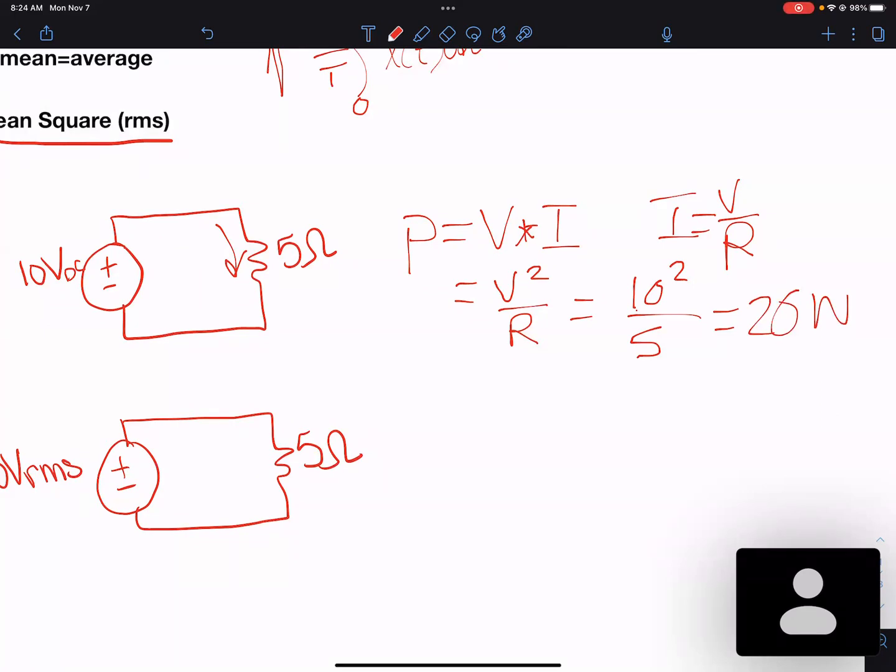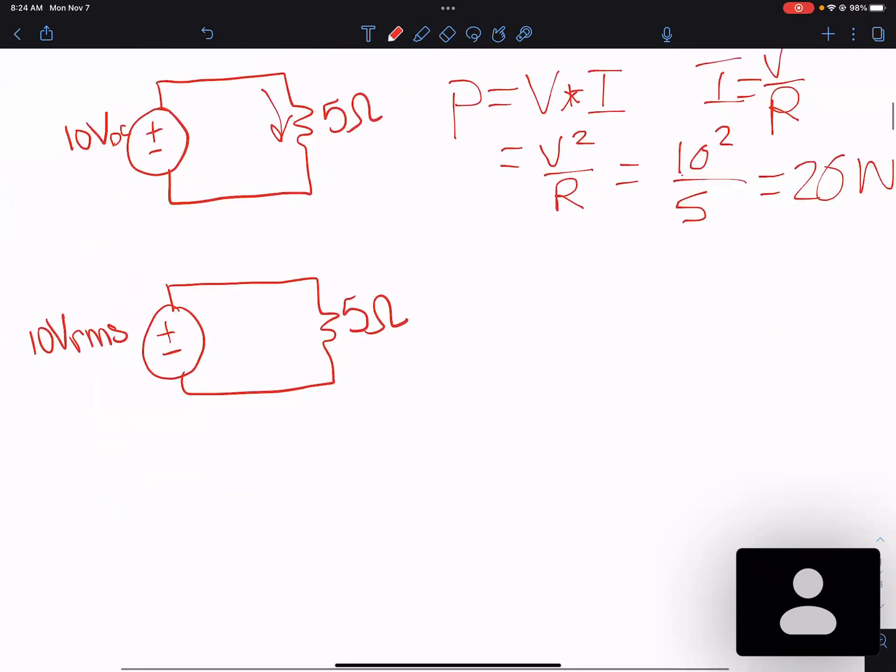Okay, so in DC, if we have 10 volts DC, we want 20 watts. So we want the same thing here: we want to use this RMS value for a periodic voltage. We want that to equal the same thing and still give us 20 watts.